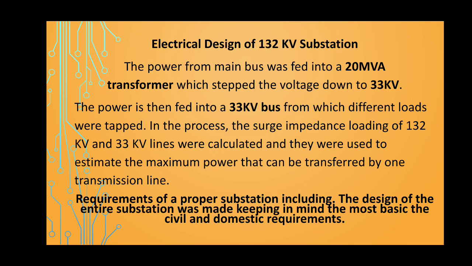The power is then fed to the 33 kV bus, from which the different loads are tapped. In this process, the surge impedance loading of the 132 kV and 33 kV lines is calculated with the surge impedance, and it gives the maximum estimated power that can be transferred by one transmission line.